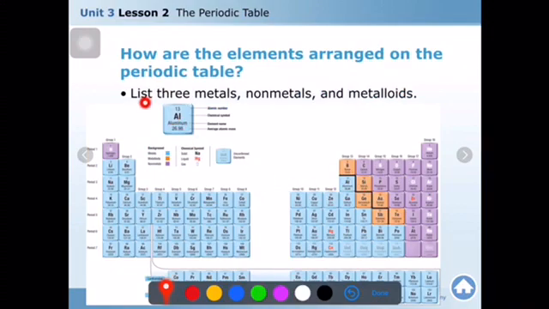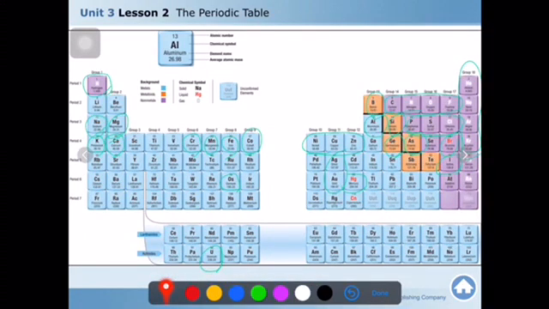List 3 metals, nonmetals, and metalloids. I don't want you to solve this question; I have another idea. In biochemistry, in chemistry, even in physics and biology, you will often see those elements.